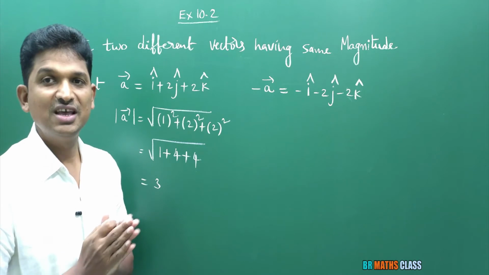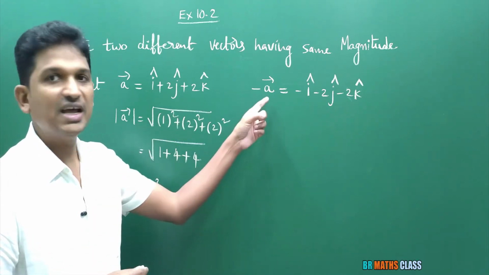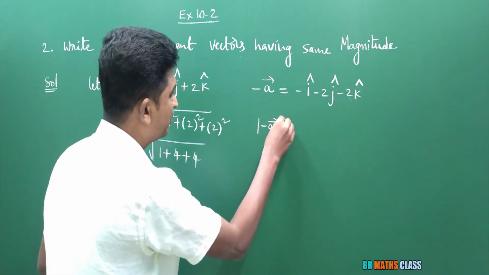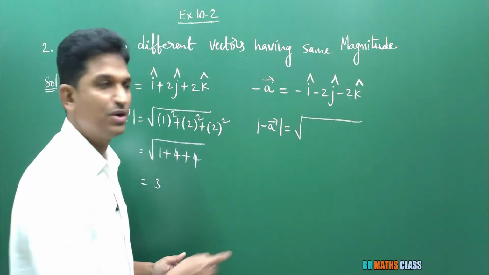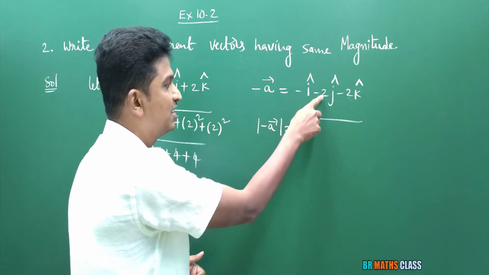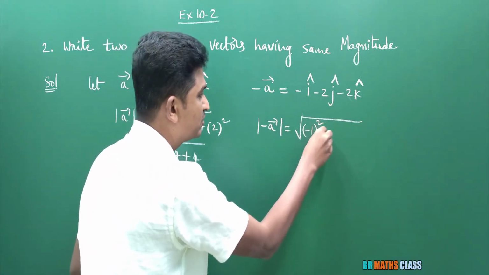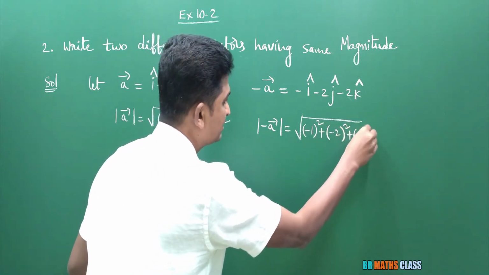Now the question is, do these two vectors have the same magnitude or not? For that I will calculate the magnitude of minus a bar. To calculate the magnitude of a vector, I need the scalar components of this vector. What are the scalar components of this vector? Minus 1, minus 2, minus 2. So what you will get? Minus 1 whole square plus minus 2 whole square plus minus 2 whole square.